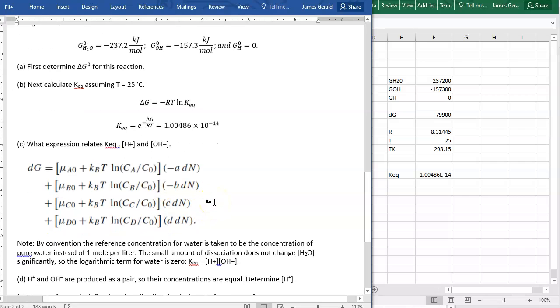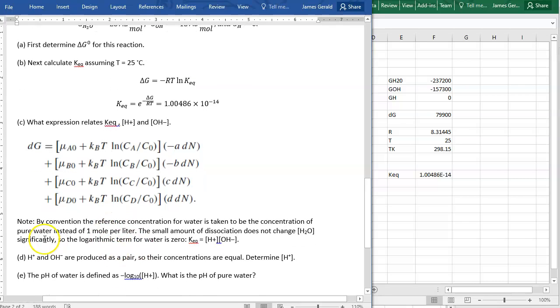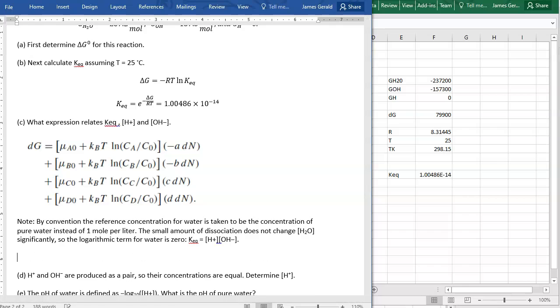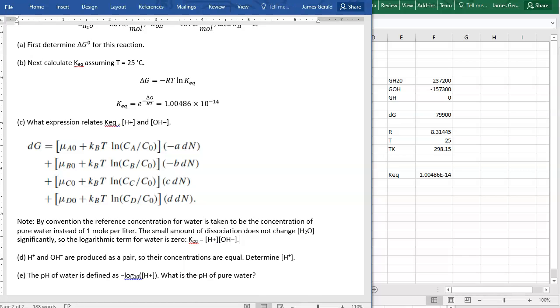The net is that when you get down to the end, you end up with just K equilibrium being the concentration of H plus times the concentration of OH minus. Straightforward. These terms don't make it through because we're talking about water instead of some other reactant. Now OH and H plus are in the same concentration, one for one.